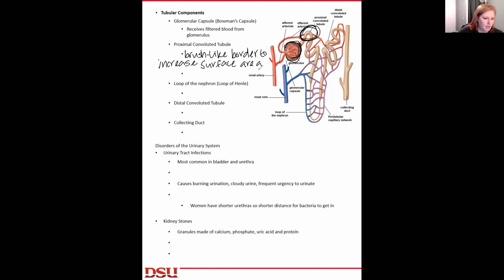And this is where a lot of the reabsorption is going to happen. Reabsorption of essential components from the blood, essential ions, nutrients, some water.